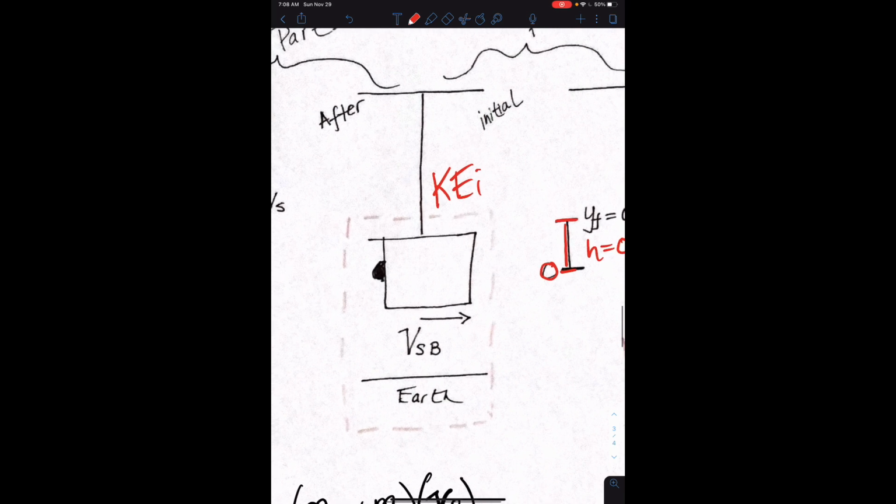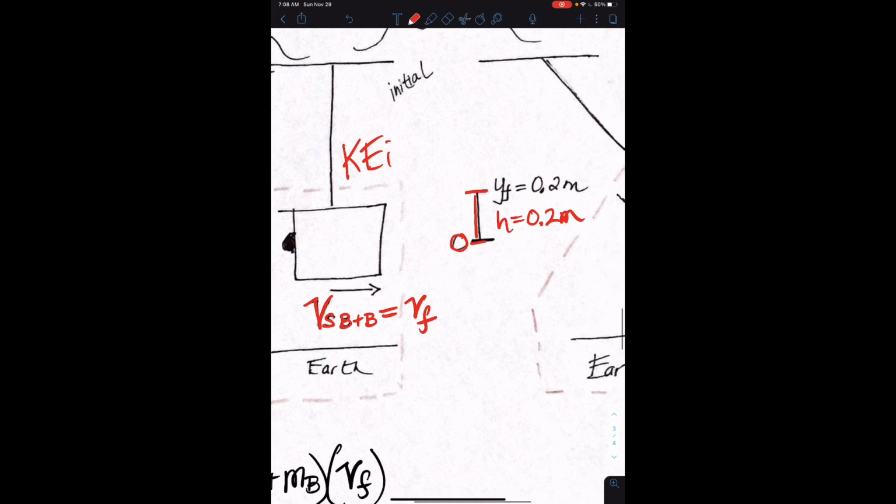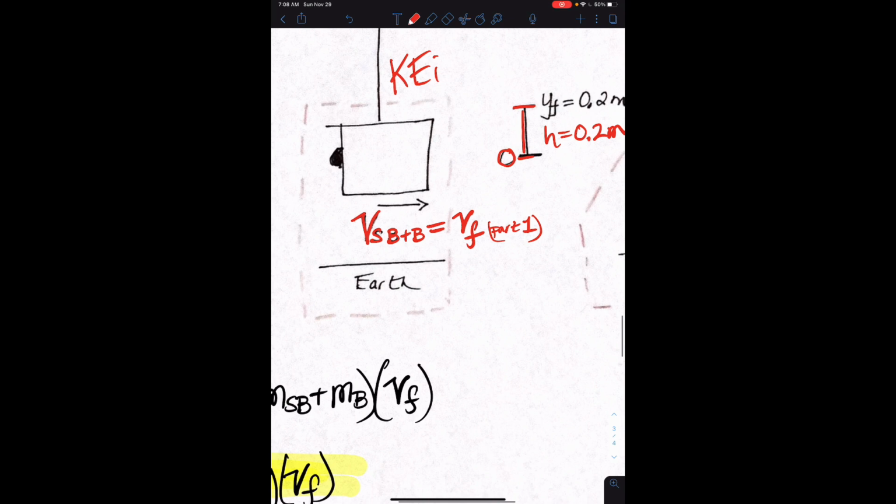the spitball plus block. Because we called the velocity of spitball plus block VF, that's kind of confusing. So what I'm trying to say is that the velocity of the spitball plus the block is the VF from the momentum balance down here.